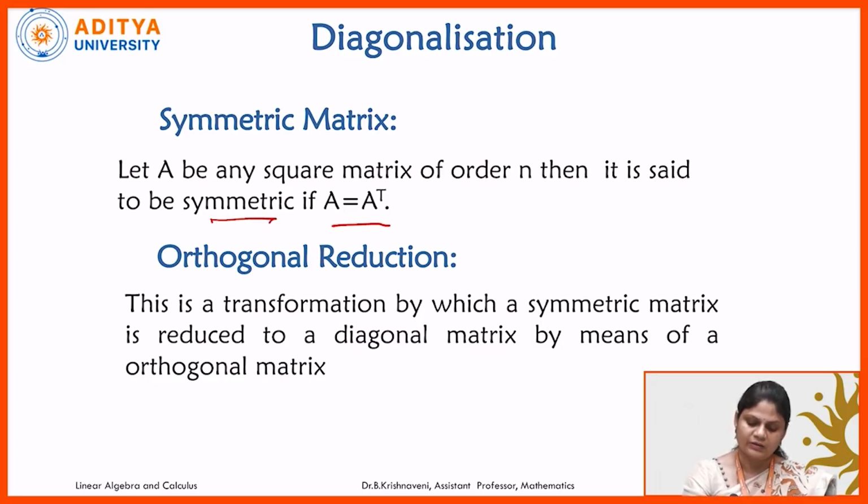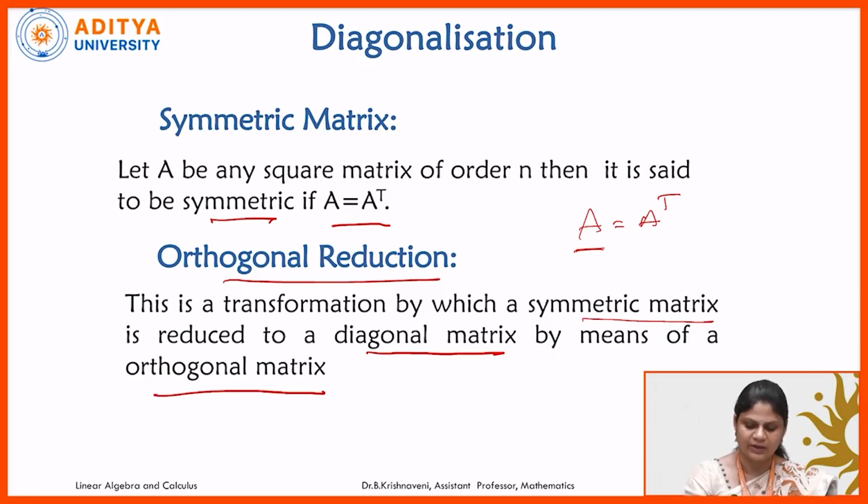Whenever the condition A equals A transpose is satisfied, we call that matrix a symmetric matrix. Now, what is orthogonal reduction? This is a transformation by which a symmetric matrix is reduced to a diagonal matrix by means of an orthogonal matrix.